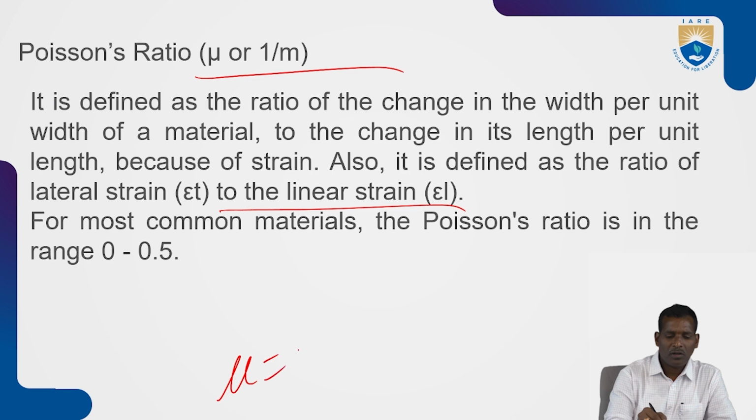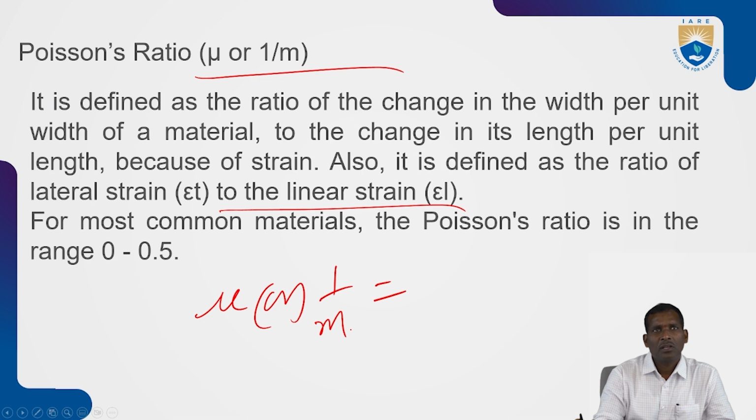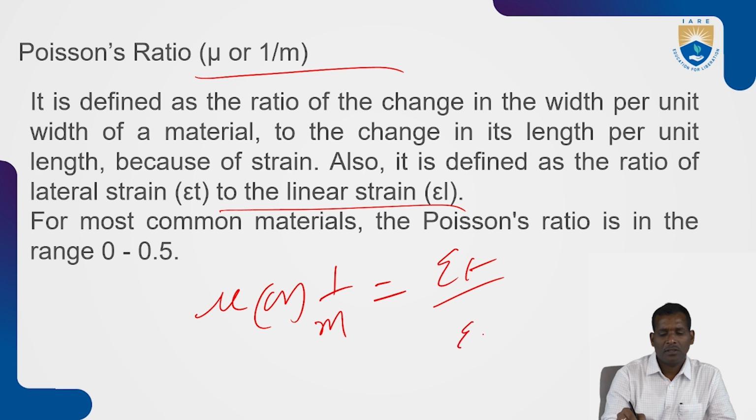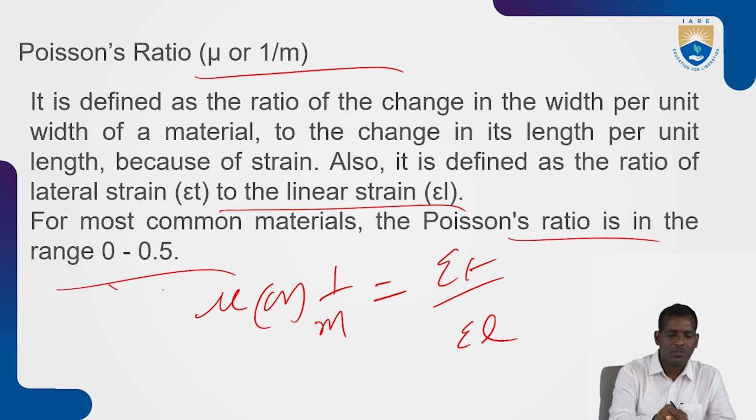So mu, the Poisson ratio, or 1 by m, is equal to the ratio of lateral strain to linear strain. So this is called Poisson's ratio. For most common materials, the Poisson ratio is in the range of 0 to 0.5. So here you see the range also 0 to 0.5.